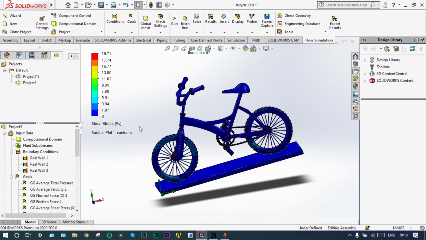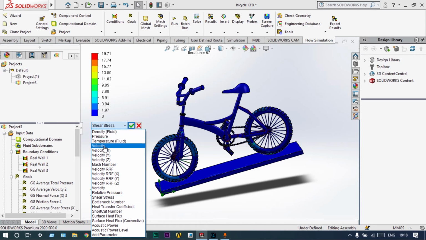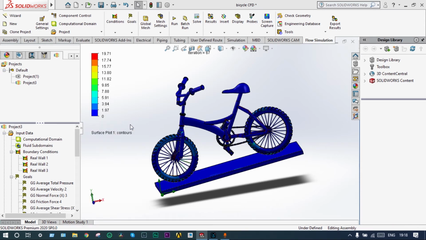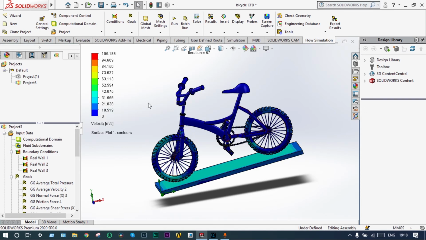Shear stress is less than 2 megapascal throughout. Let's see velocity, normal velocity. It is almost constant throughout this body.